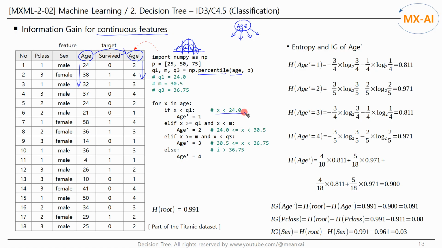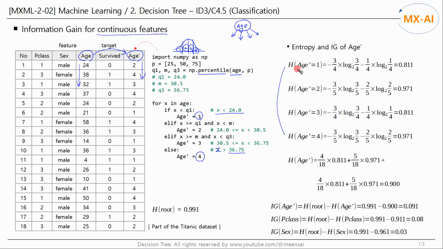The data points with ages less than 24 are assigned to bin 1, and the data points with ages greater than 36.75 are assigned to bin 4. Now let's calculate the information gain of the converted age.